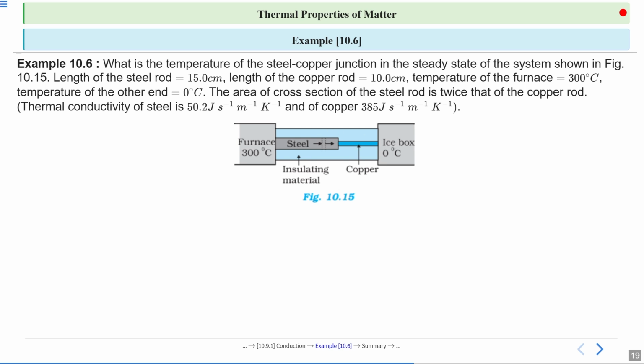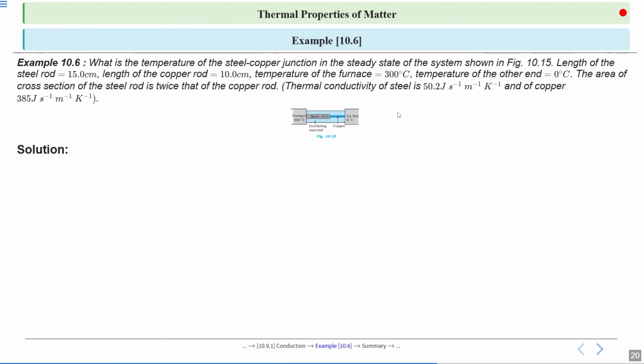The area of cross section of the steel rod is twice that of the copper rod. The thermal conductivity of steel is 50.2 joule per second per meter per Kelvin, and copper 385 joule per second per meter per Kelvin. Here you have to find out the temperature of the steel-copper junction in the steady state. So think about it. Let's see the solution.